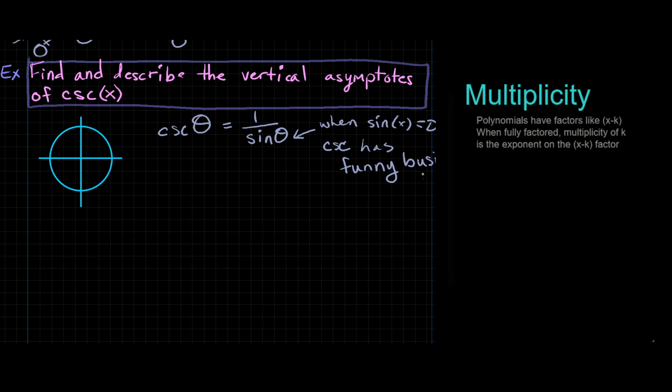Okay, so when does sine return 0? Sine is going to return 0 at the points on the unit circle that have 0 for a y value. That is right here and right here. So we're going to think of x as the angle.